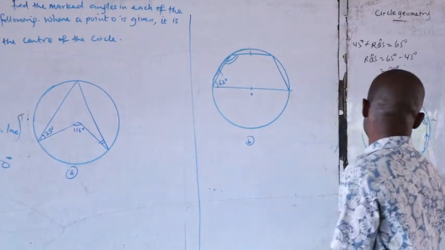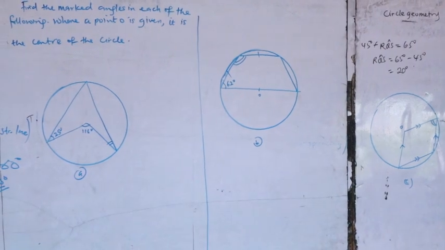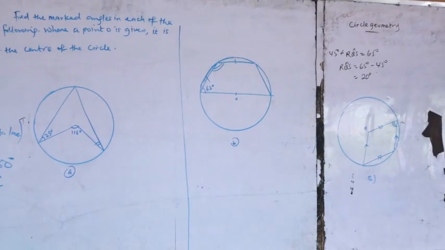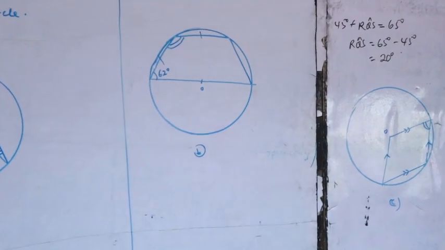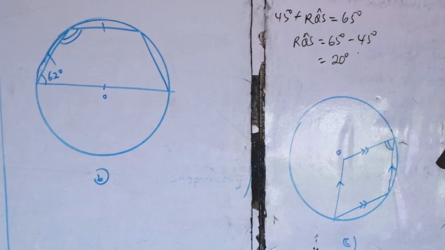We have these three diagrams. The first one, we are looking for the marked angle.